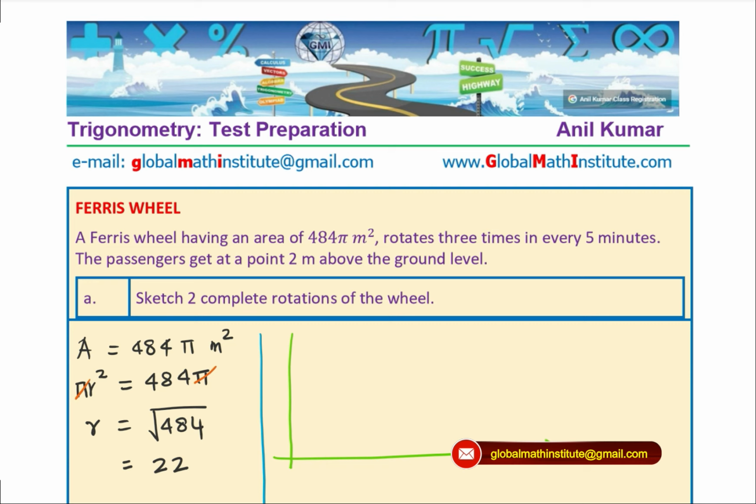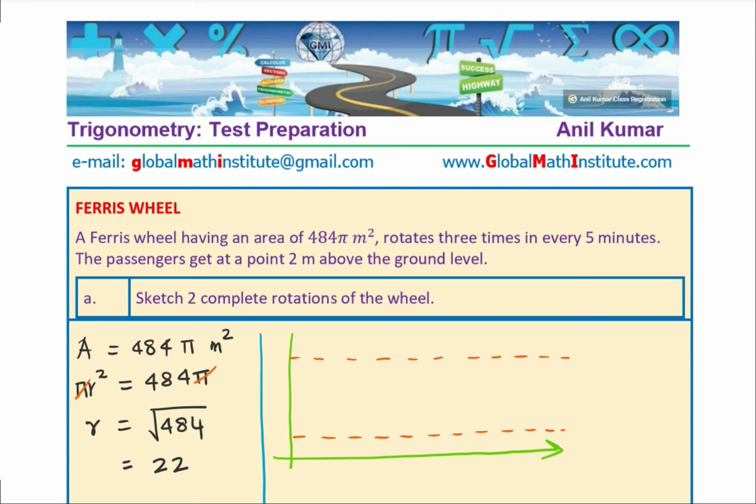Time given to us is greater than or equal to 0, right? Since everybody is boarding 2 meters above the ground, that is the lowest point, 2 meters. So there has to be some highest point which will be plus diameter, right?